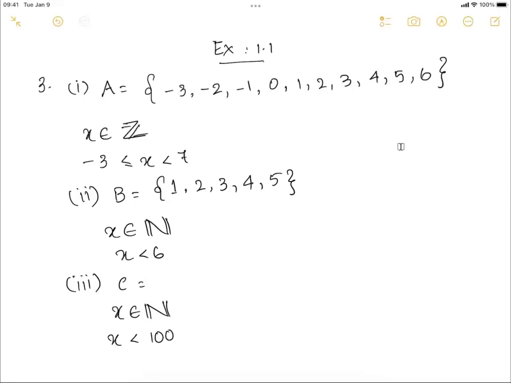So x is definitely greater than 9 because it's a 2-digit natural number. X is greater than 9 and less than 100. And the sum of its digits is 8.